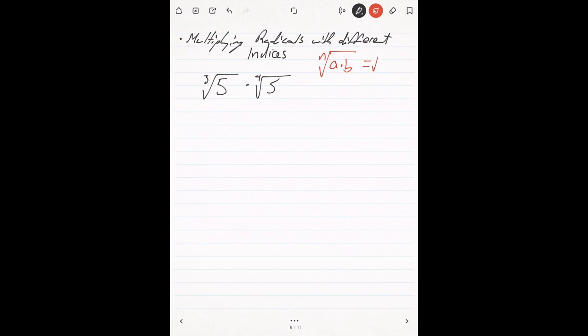If you want to combine, they must be of the same index. That was key. So if they're not of the same index, we might say that we actually can't perform this multiplication. It can't be done. We need to have a different solution, or we need to say there is no solution.